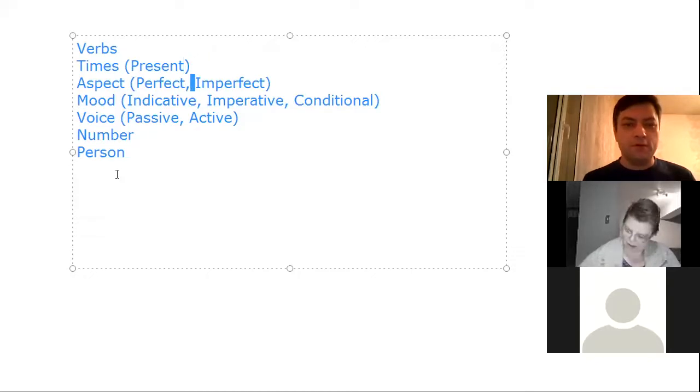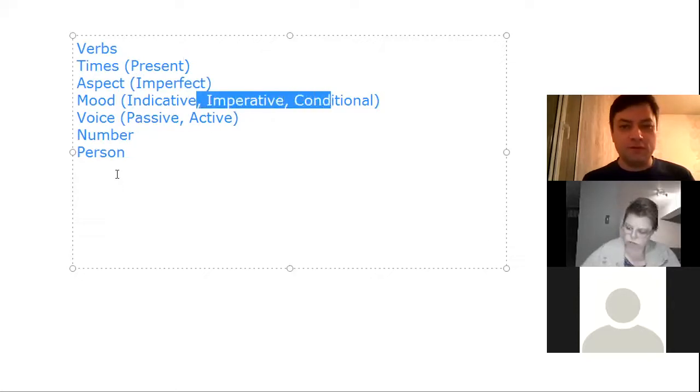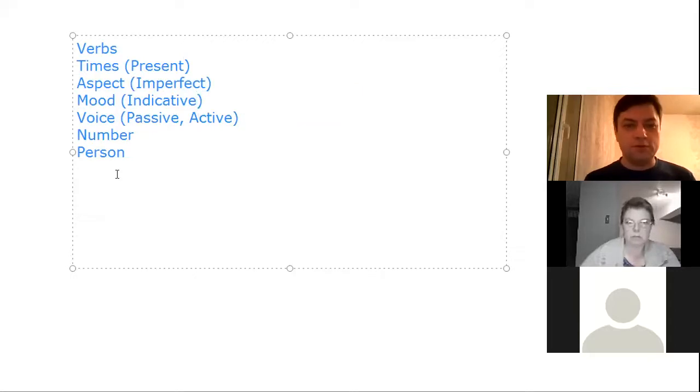We're going to learn only the imperfect aspect, only the indicative mood. I'm not sure whether those terms are clear to you, but I'm going to explain them to you later as we go on. And we're going to learn only the active voice.